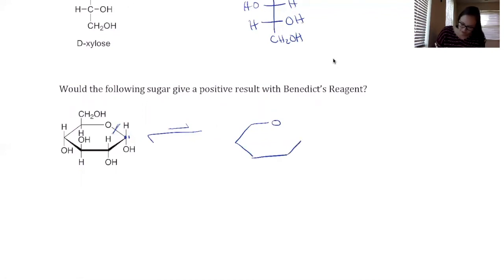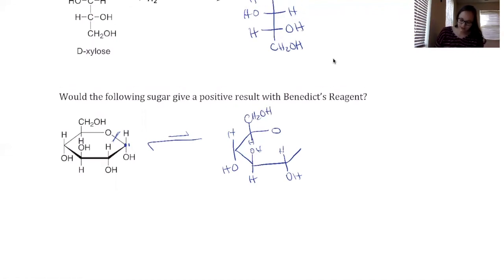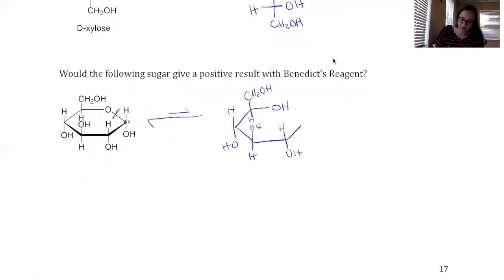I'm going to draw everything else in real quick. Okay, so I'm going to break the bond that I drew a line through. So I'm going to put my OH there. Then on the top here, I had a hydrogen.